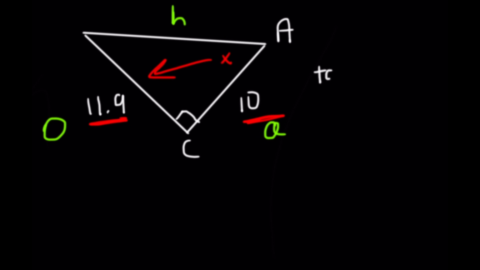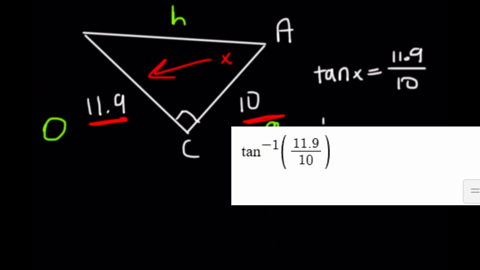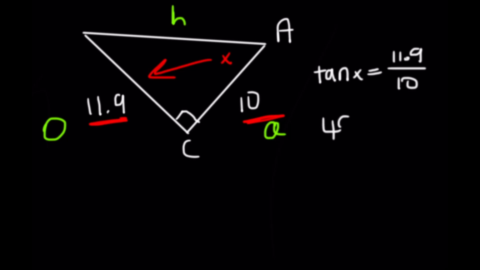So tan x is equal to 11.9 over 10. In the calculator, tan to the power of negative 1 of 11.9 divided by 10 gives us 49.95, which rounds to 50 degrees.